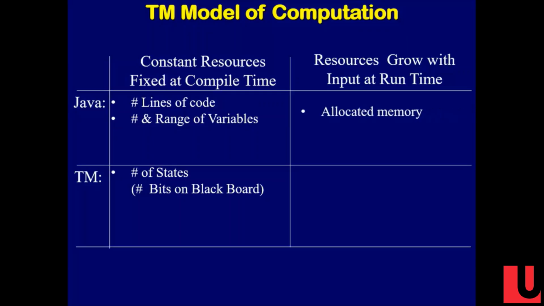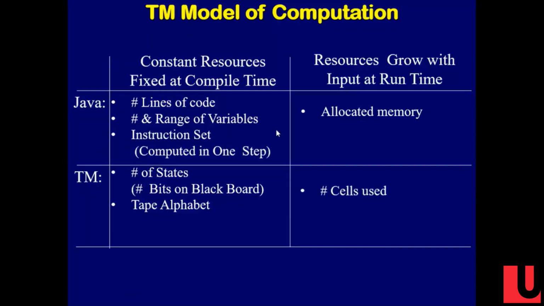But during runtime, what can grow with the input is how much memory is allocated. Here the tape alphabet is fixed. The number of cells used. The instruction set is fixed. This is a weird order in which things are coming in. But anybody ever get this list here?